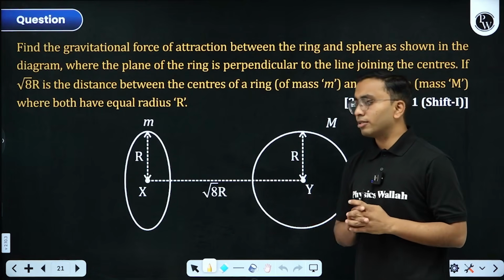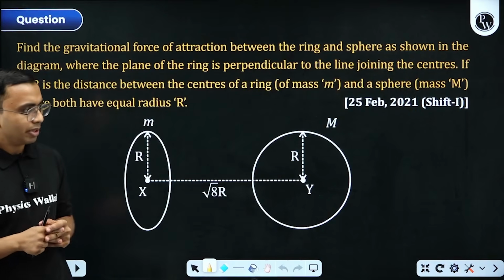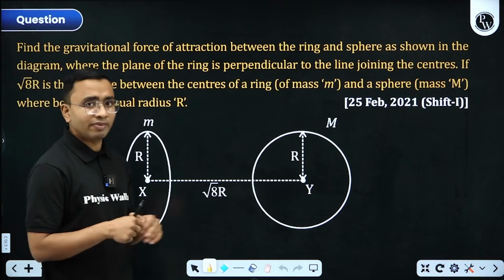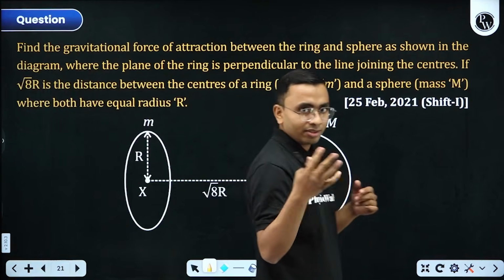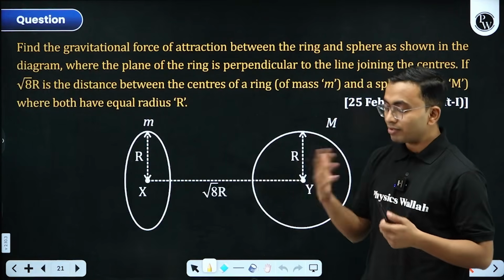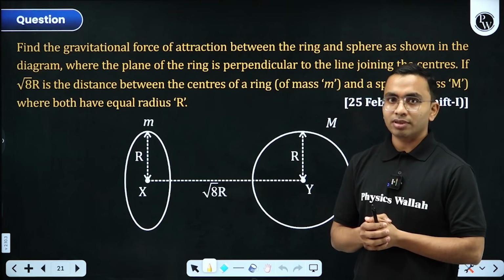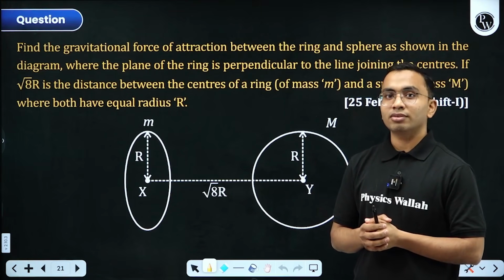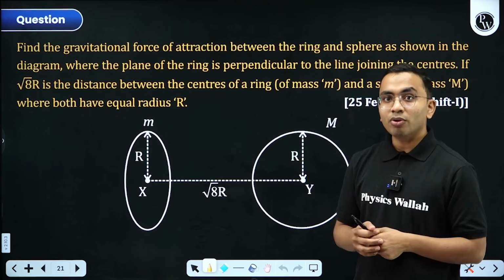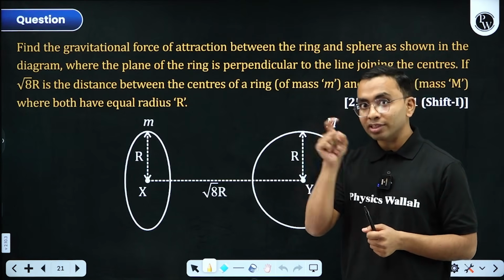In the exam, previous year there was one question in mains and that was very lengthy. When I was solving that question, the paper came and then we were making solutions of that. So when I was solving that question, it took me 7 to 10 minutes. That question was very lengthy. Now suppose you make the mistake of solving that question in the exam.